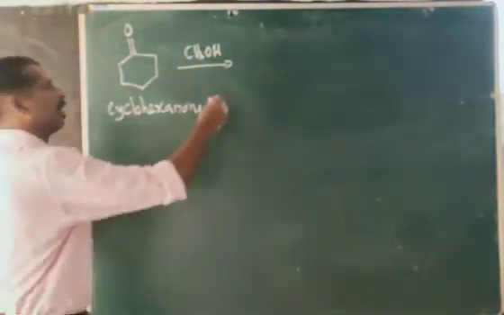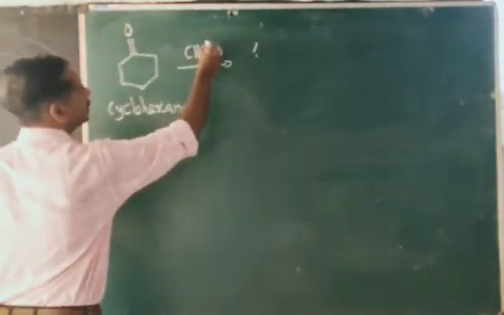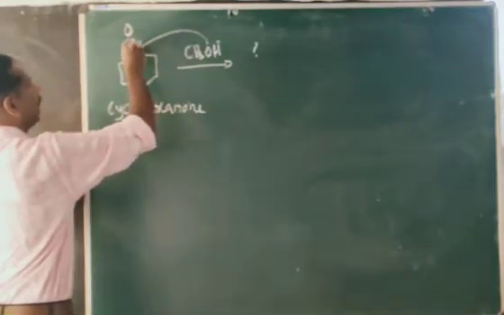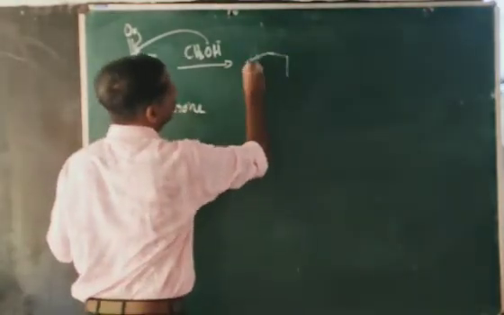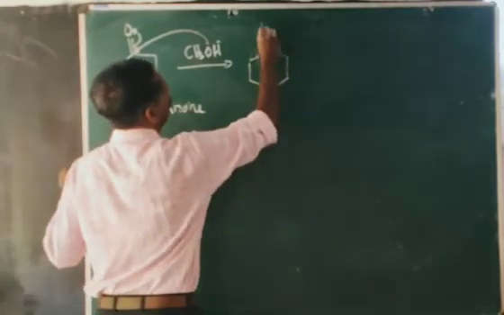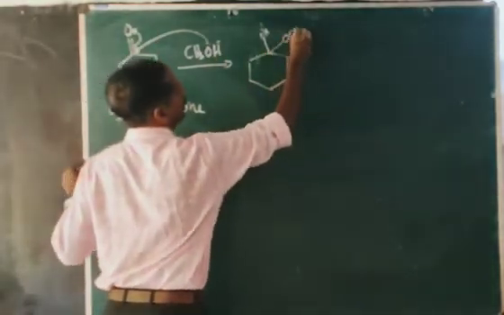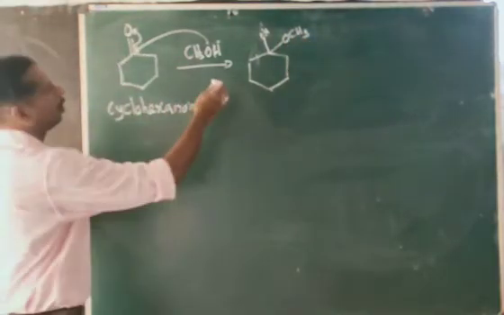What will be the product? Again the same thing, minus and plus. This will attack on this carbon, and this bond shifts to here. So we get a structure like this. Here it will become OH, because H plus is attaching, and here we will get OCH3. What is the name of this compound?